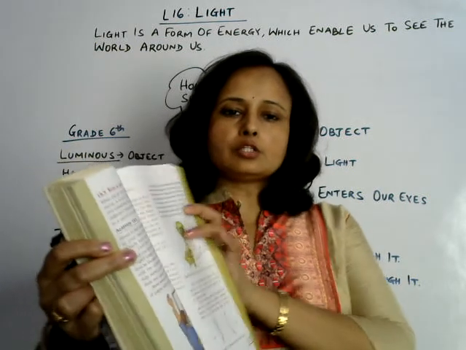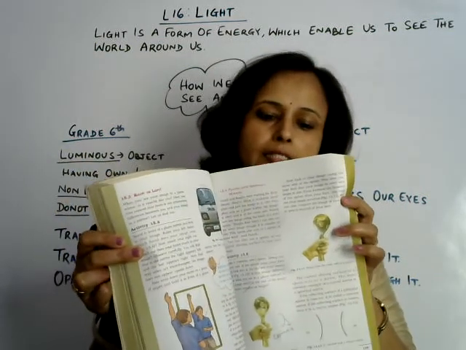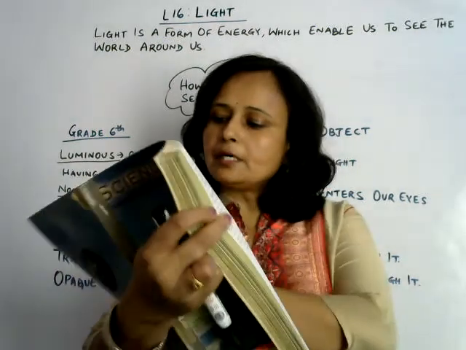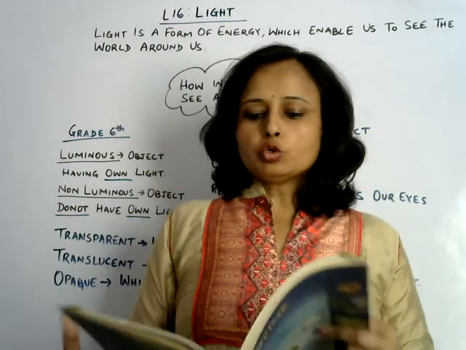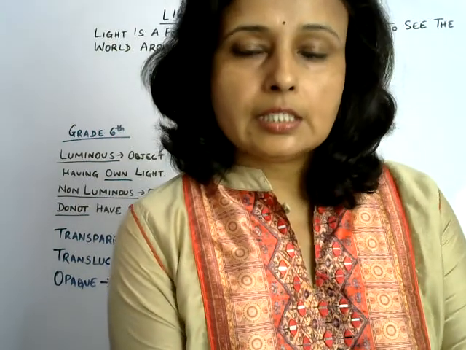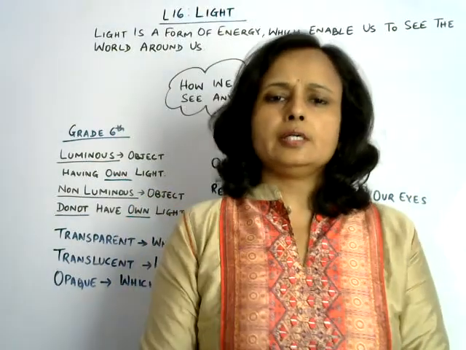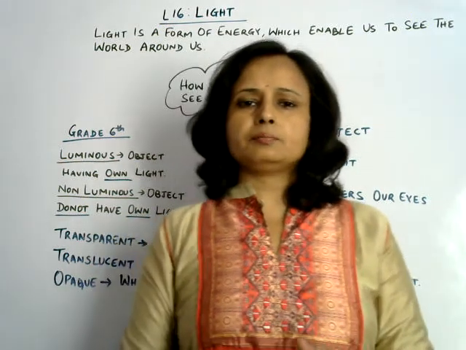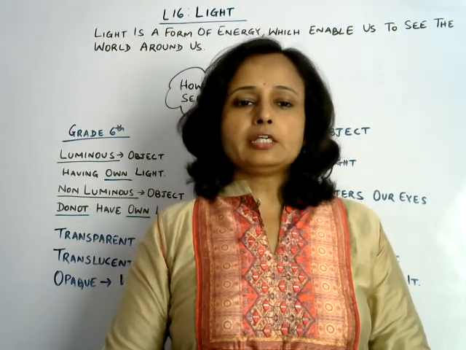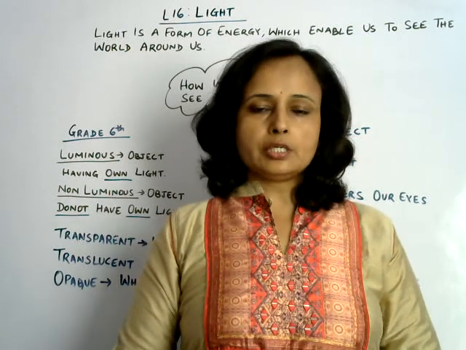Why are these translucent? Because we can't see the back of this page clearly, but if you try to see a little bit, you can see some letters. It looks very blurry. So that is what translucent is.